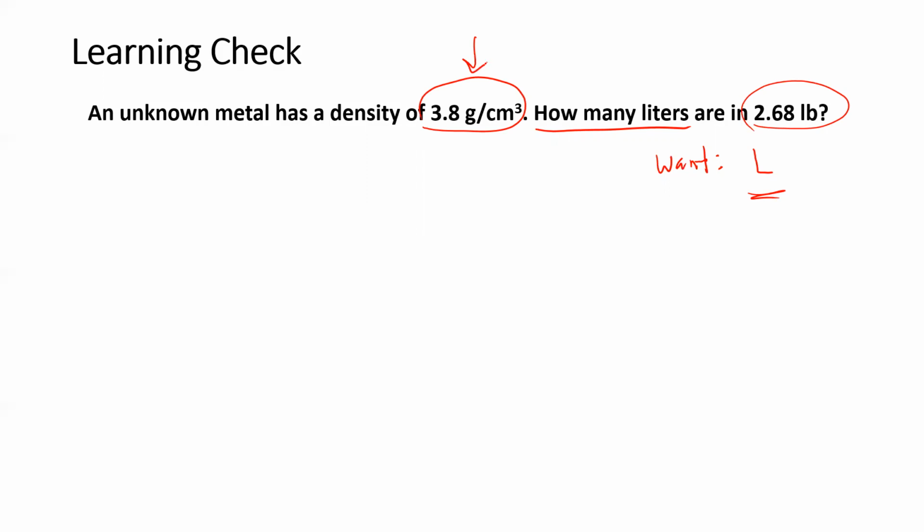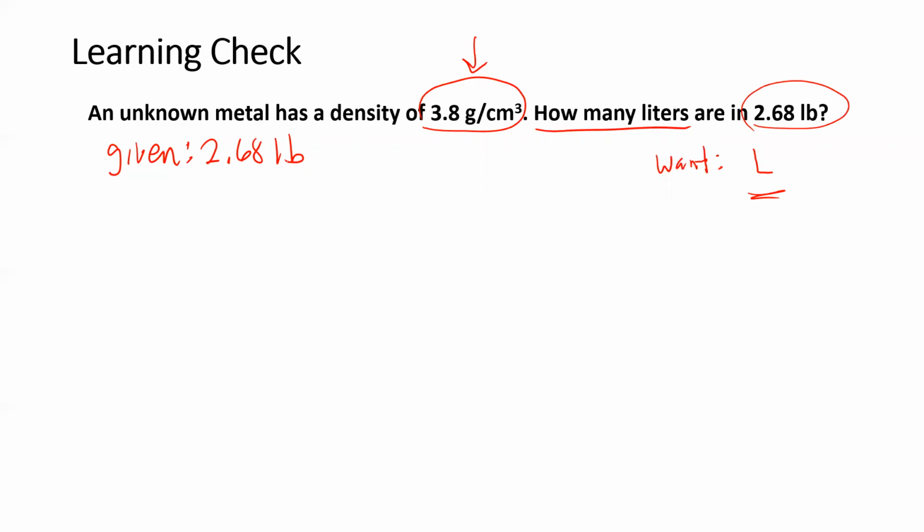Density is a ratio. So if I start with density, I'll end with a ratio. So I'm going to start, for my given, with the 2.68 pounds. So that's a way to figure out which one of these I am using. Am I using density or am I using pounds? I'm using pounds because liter is not a ratio, so I can't start with the ratio. Pounds isn't a ratio, so I start with pounds.